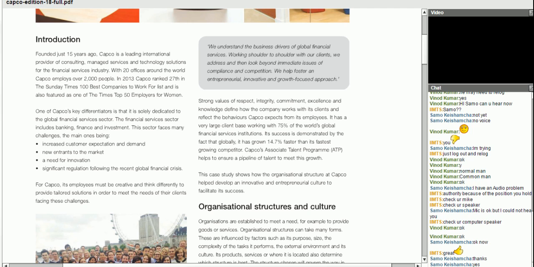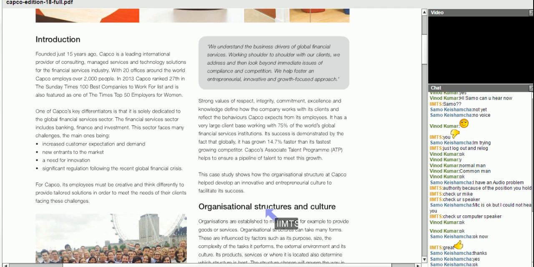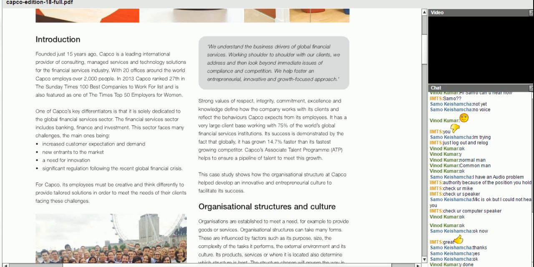Please read this para so you can get an insight. Done, Vinod?